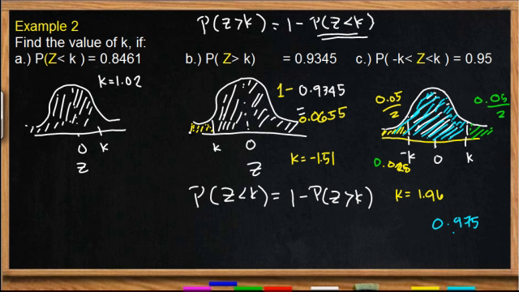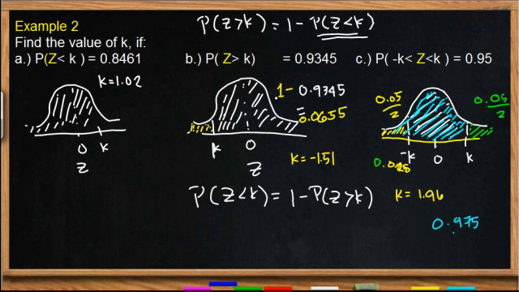Mao ni siya ang area sa kaning yellow. Mao na atong pangitaon dito sa table, kung unsa ang value sa z nga correspond ana. In that case, negative 1.51. So dari common sense dapat, negative 1.51 ang answer. Yeah, tama.